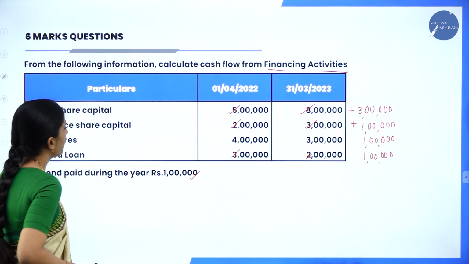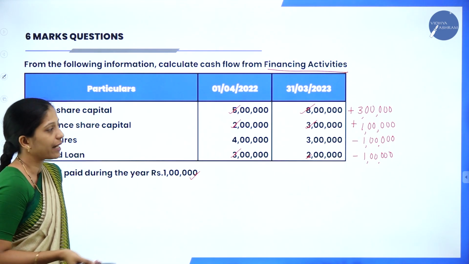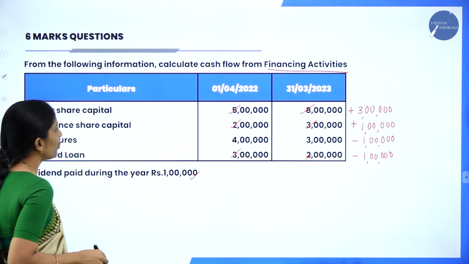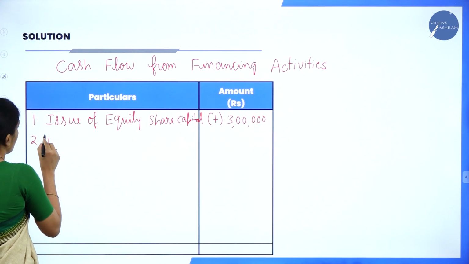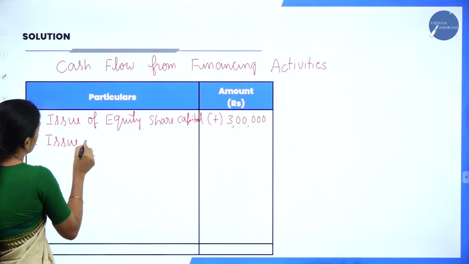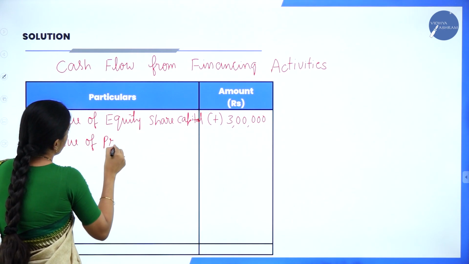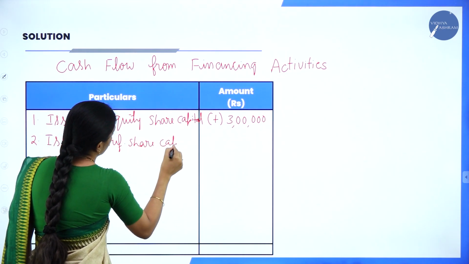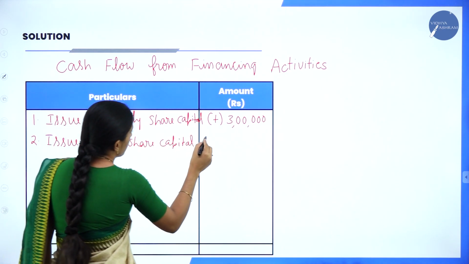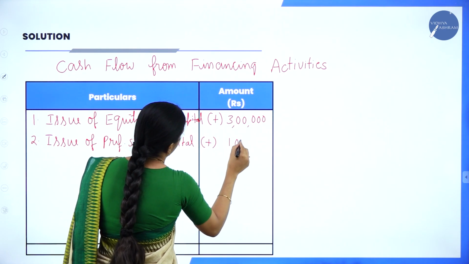Next, second one, preference share capital 2 lakh and 3 lakh. 1 lakh it has increased. So issue of preference share capital plus 1 lakh.